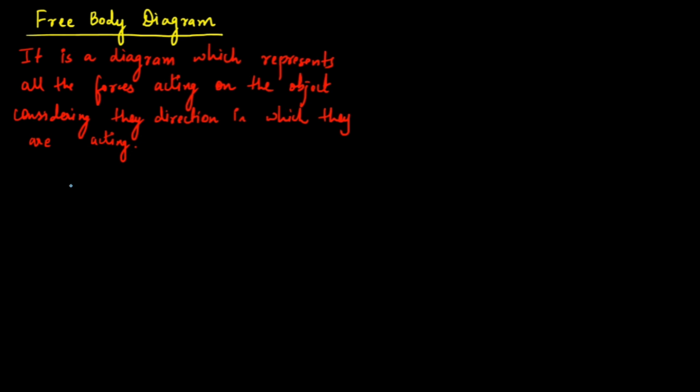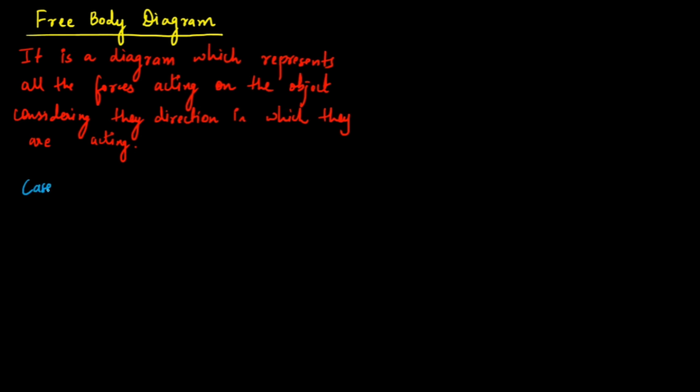For example, I'll assume a few situations where different types of forces can act. This will also give you an idea of how different forces act on an object in different situations. Take the very first situation as case one.